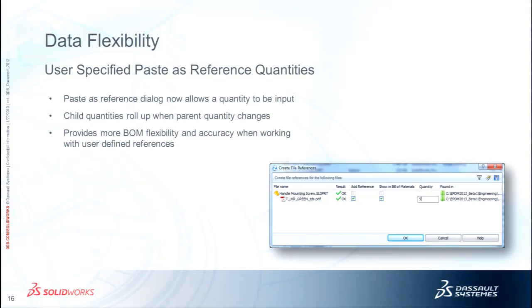Okay? What if that was an assembly and had configurations in every BOM? You do a paste as reference? I don't think you'd paste as reference on something like that. Paste as reference is typically when you're taking a non-SolidWorks document and attaching it to some other document. Oh, you're attaching it to an assembly?